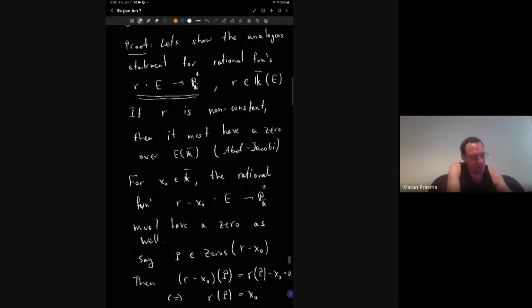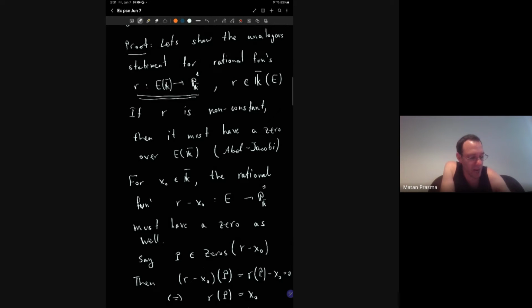At the moment, I just want to show that a rational function R on E over K bar, if it's not constant, must be surjective. Okay?